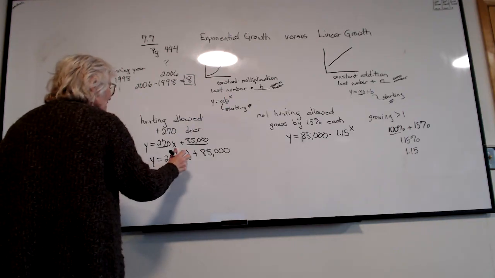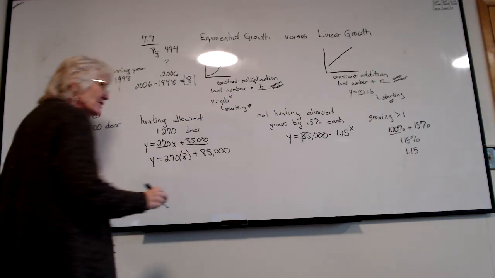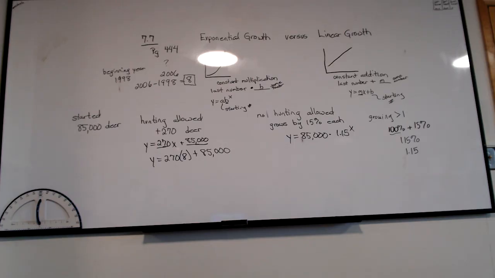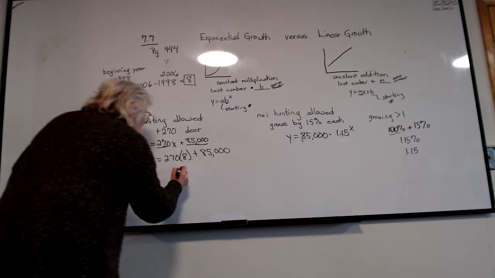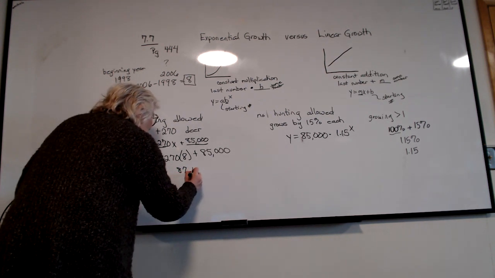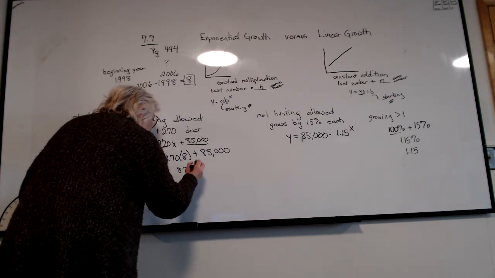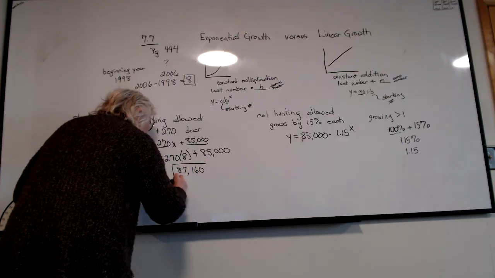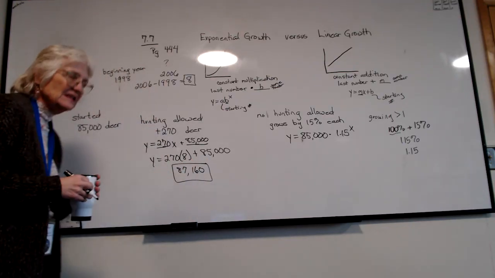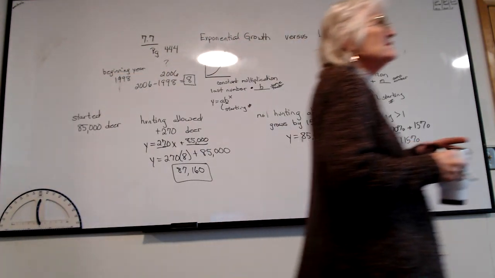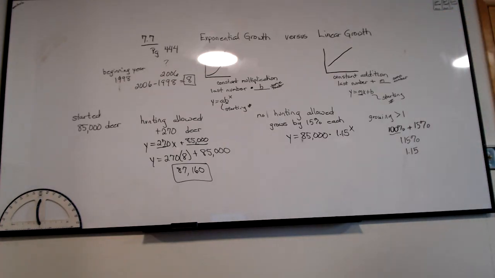So somebody calculate that on their calculator. 87,160. So if they allowed hunting, by the year 2006, they would have about 87,000 deer.